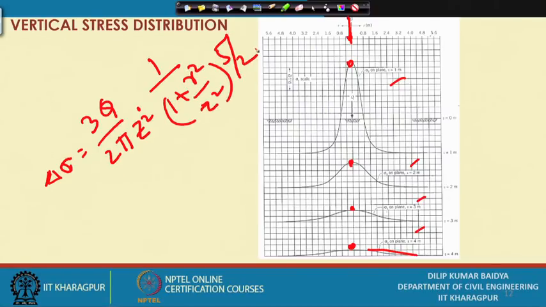This is the equation only we are using, but once I keep this constant and vary this, I get one result, or I keep this constant and vary this, then I will get another result.